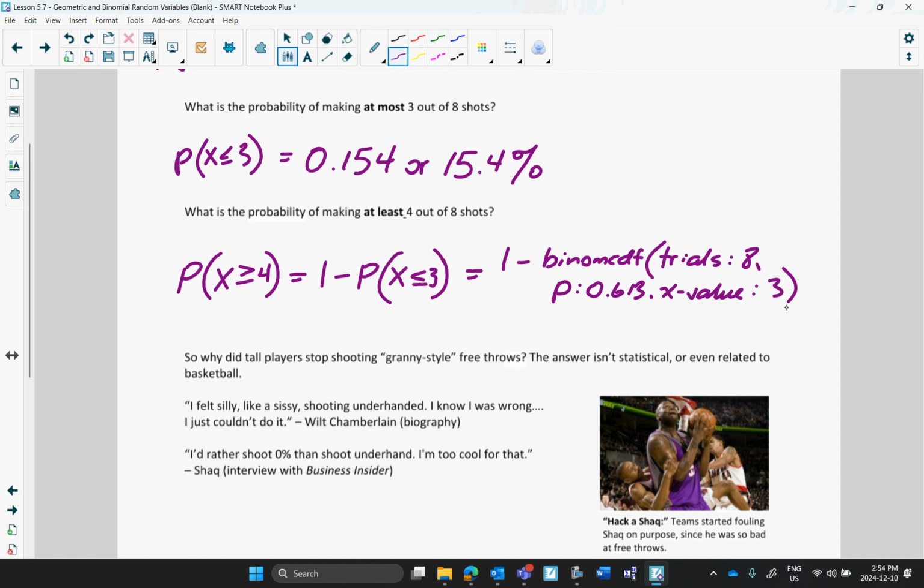So it's 3, and I get 1 minus binom CDF. Trials is 8. We've already actually calculated that one. That was 0.154.